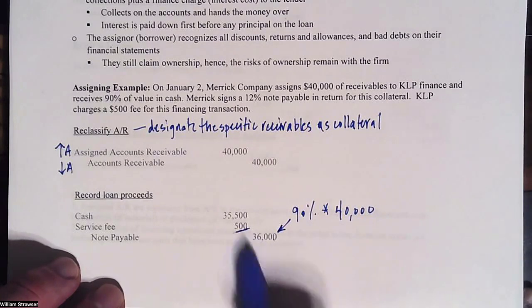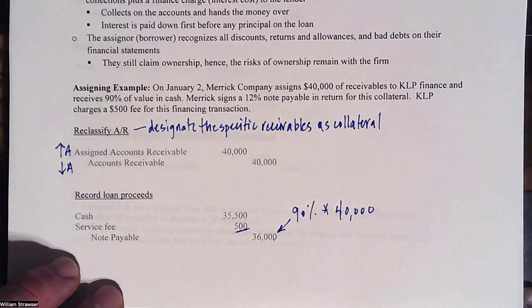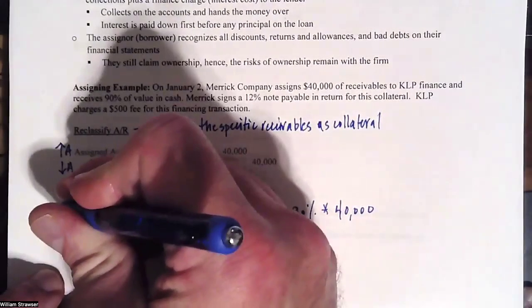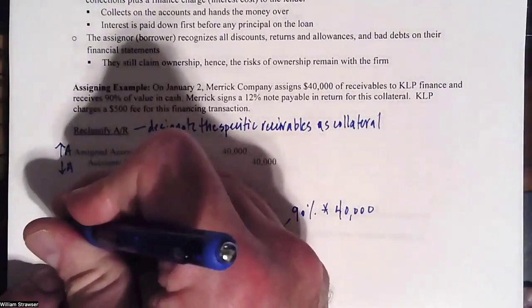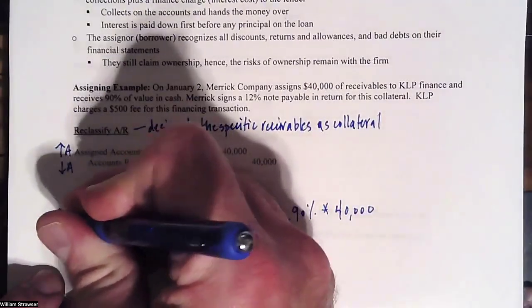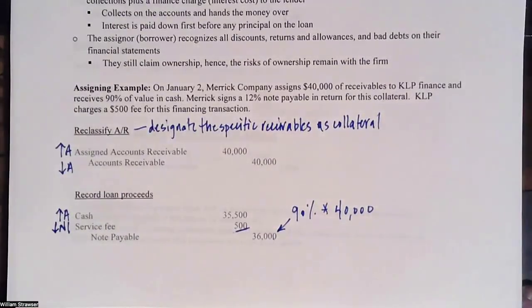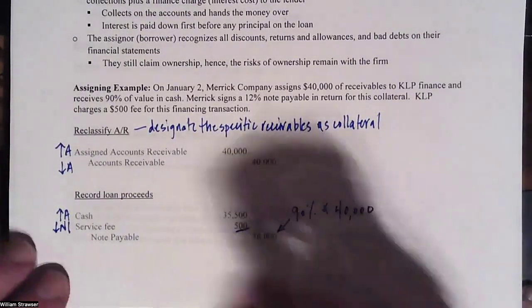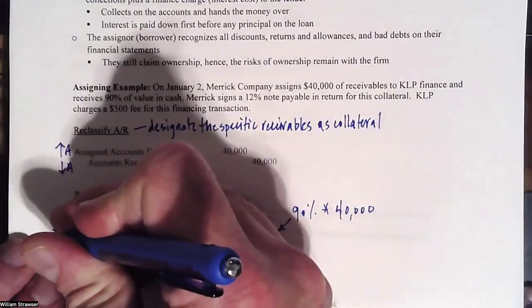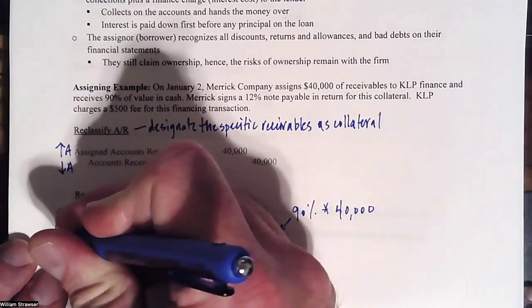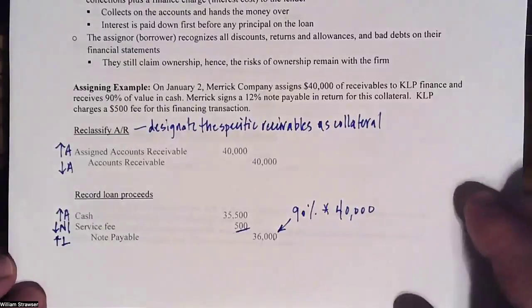So rather than get 36,000, we only get 35,500. Now that increases my assets, cash. The service fee is a reduction to net income, just like the fees in our bank reconciliation. And the note payable is, of course, a liability, and that increases liabilities.